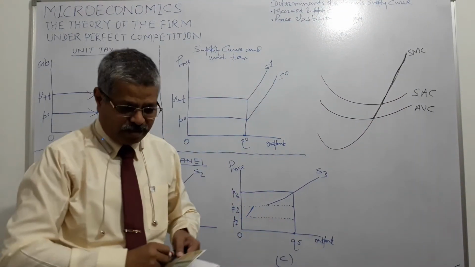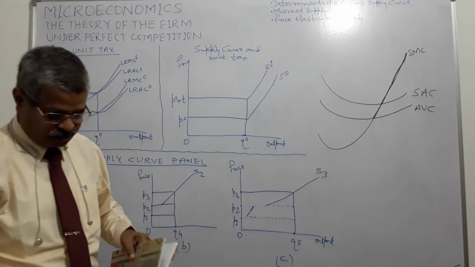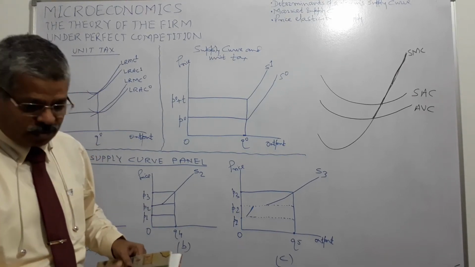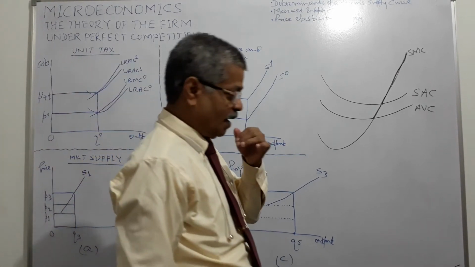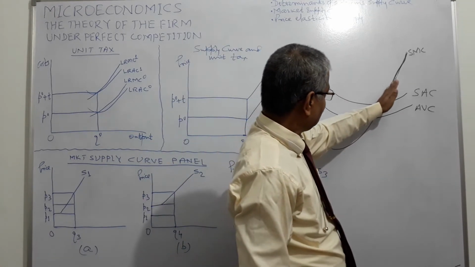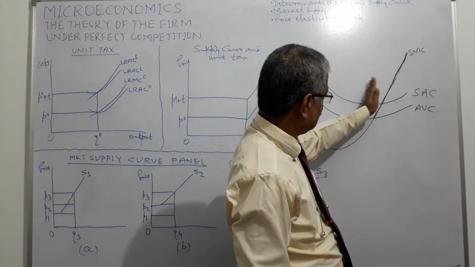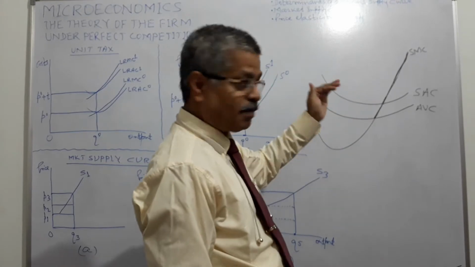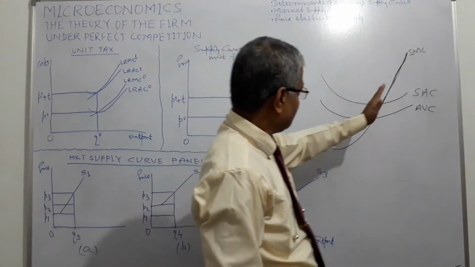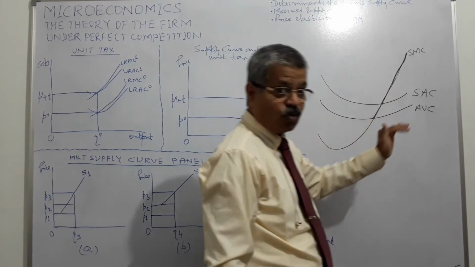So when marginal cost goes up, it will shift leftwards or upwards. When the marginal cost goes down, it will shift rightwards or downwards.